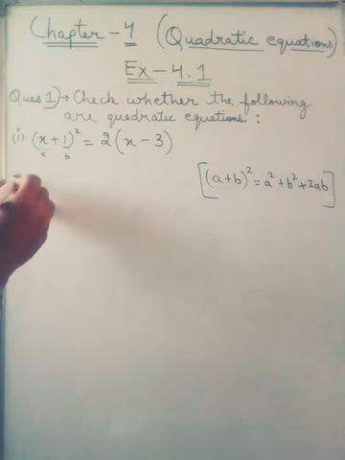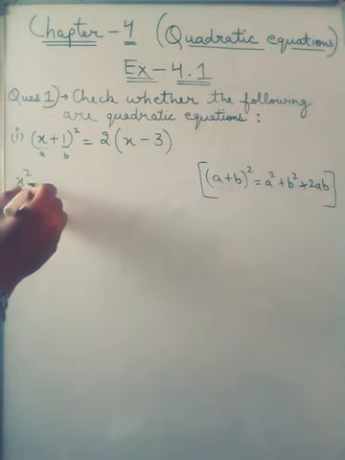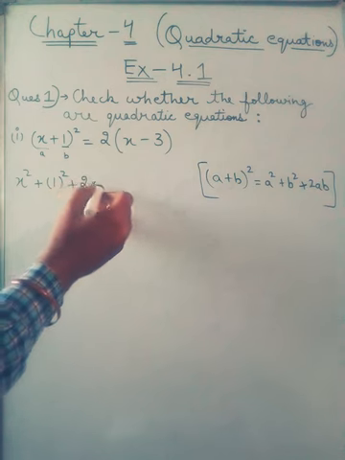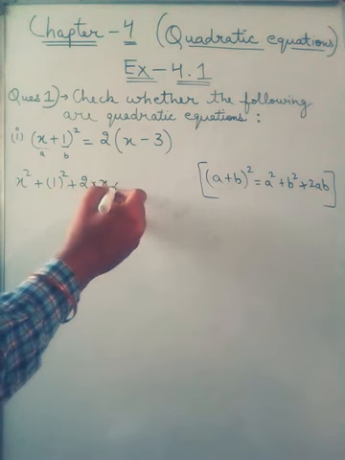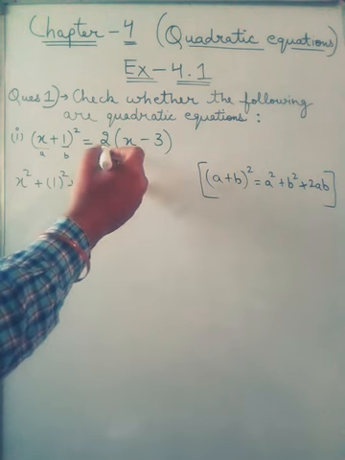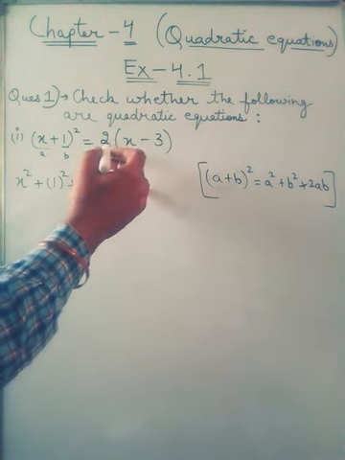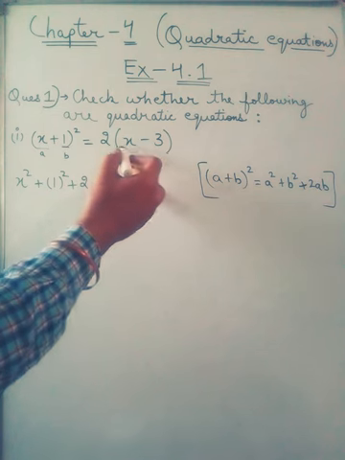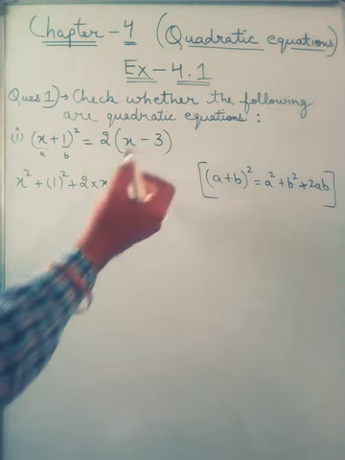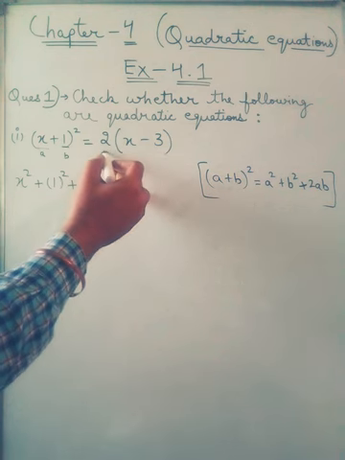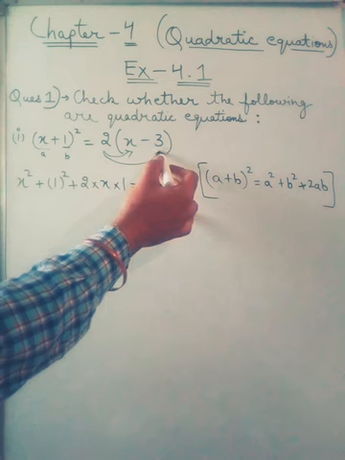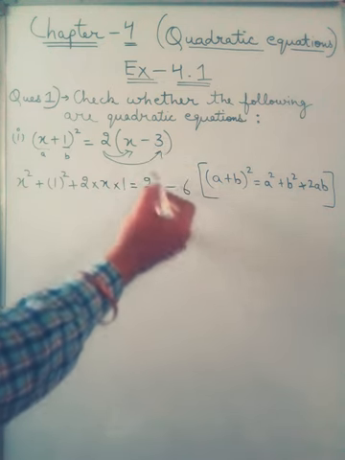We can write it as x square plus 1 square plus 2 into a, that is x, and b, that is 1. On our right hand side, 2 is in multiplication with (x minus 3), so we will multiply this 2 with x and 3: 2 into x is 2x, and 2 into 3 is minus 6.